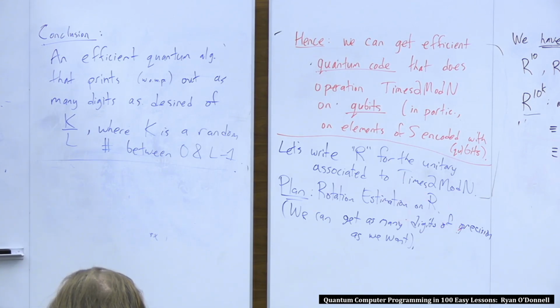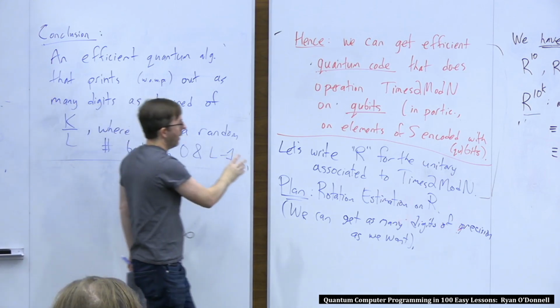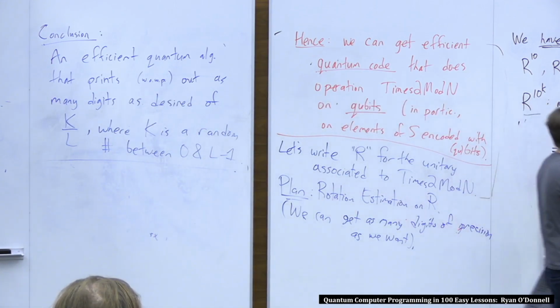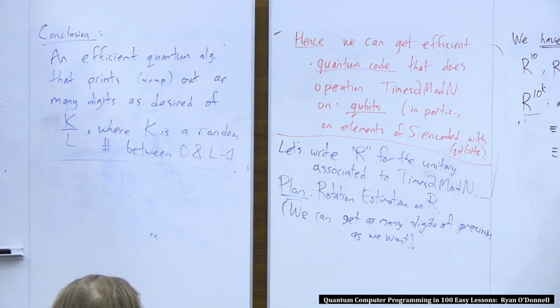Okay, so this is the quantum part of the algorithm, and that's what we'll focus on really understanding next time. But for the rest of this lecture, we're just going to take this conclusion for granted.